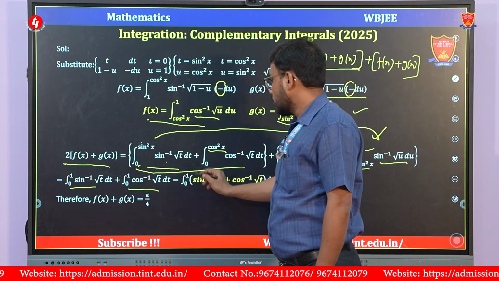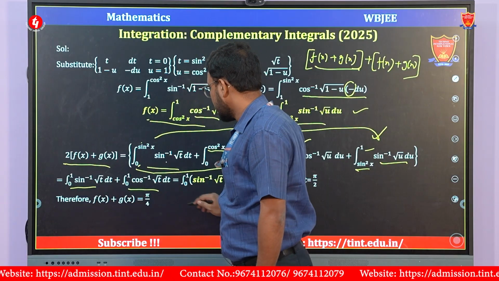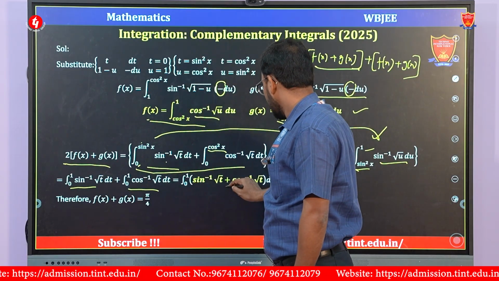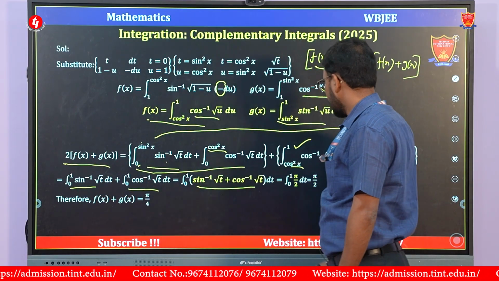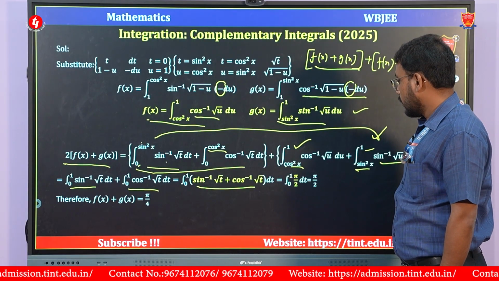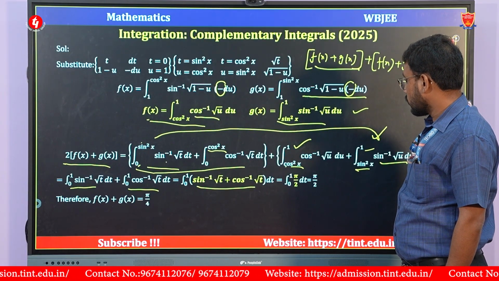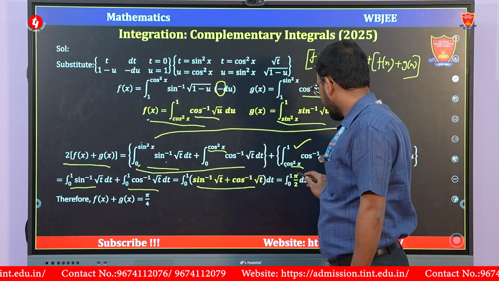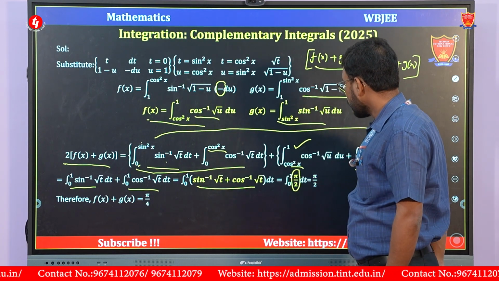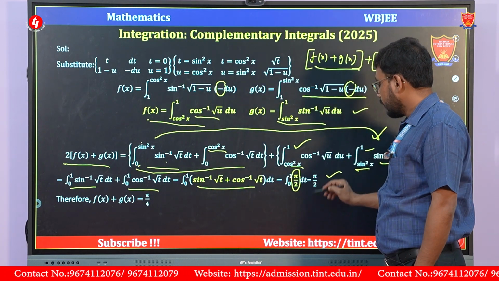So, 0 to 1, both limits are same. So, sin inverse root t plus cos inverse root t, okay. And sin inverse root t plus cos inverse root t, this is your pi by 2. So, after integration, pi by 2.